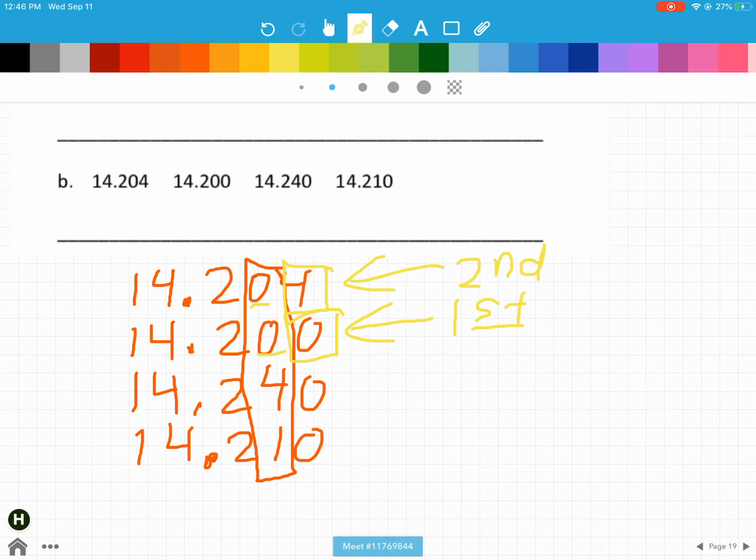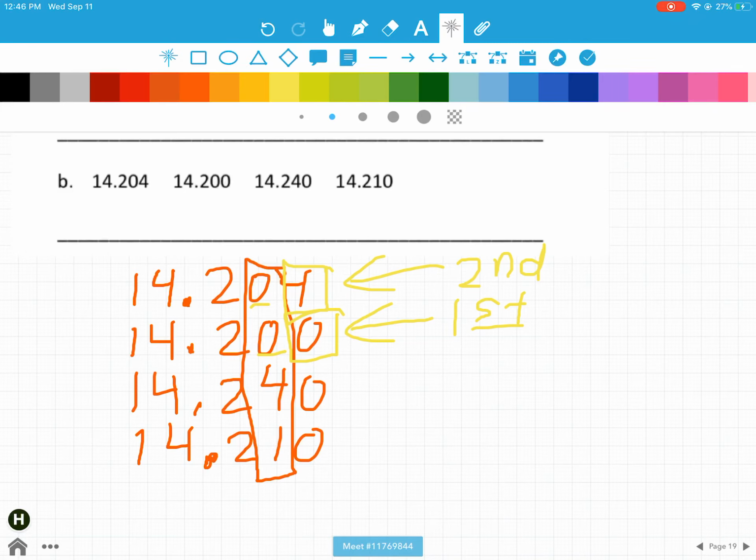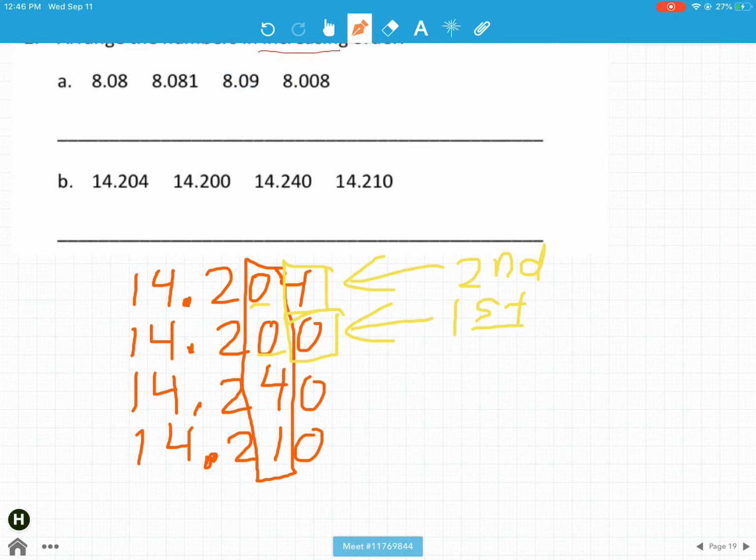Then we're going to take a look back. And we're going to look again at the hundredths place. And we see there's a 4 and a 1. 1 is less, so we're going to go for this one third. And then of course this one's fourth.